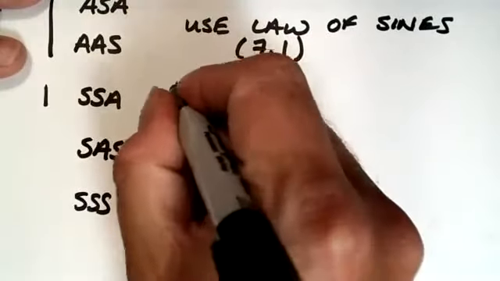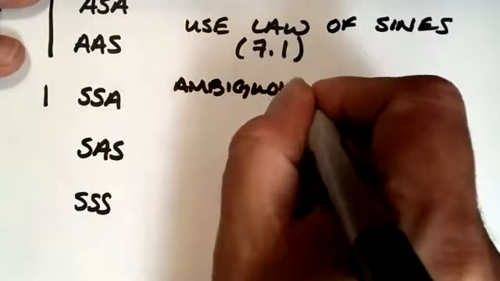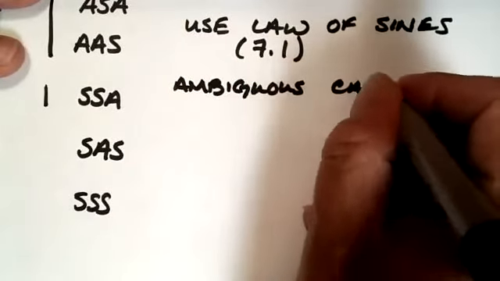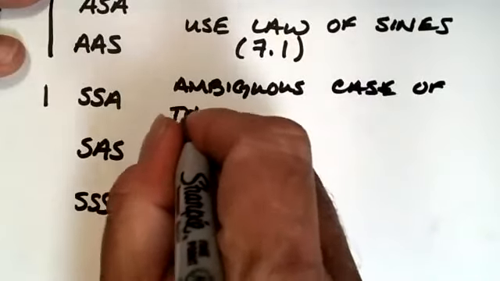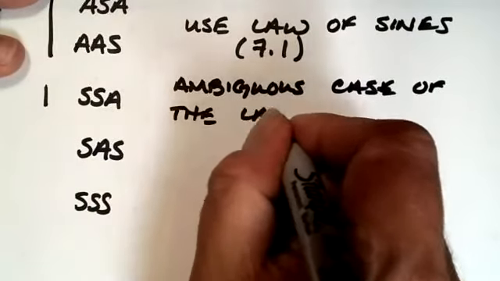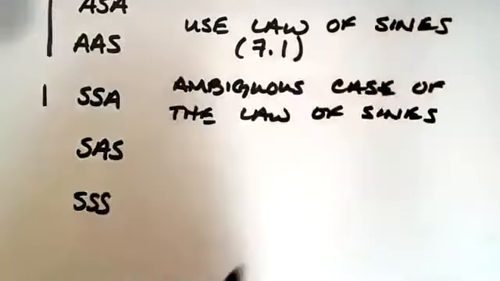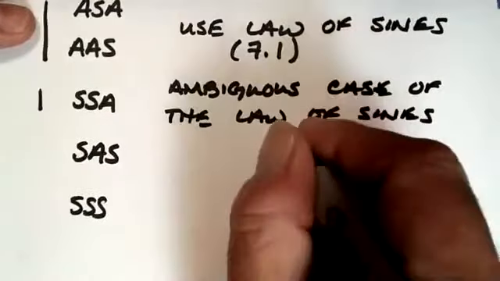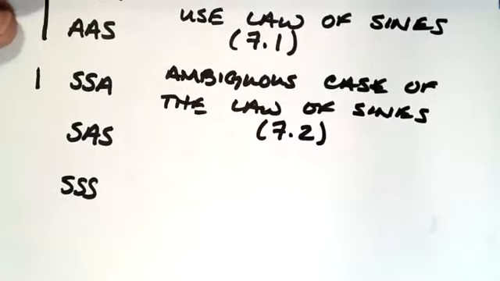This is what's called the ambiguous case of the law of sines. Okay, and that is in 7.2. And we'll treat that as a separate sort of situation.